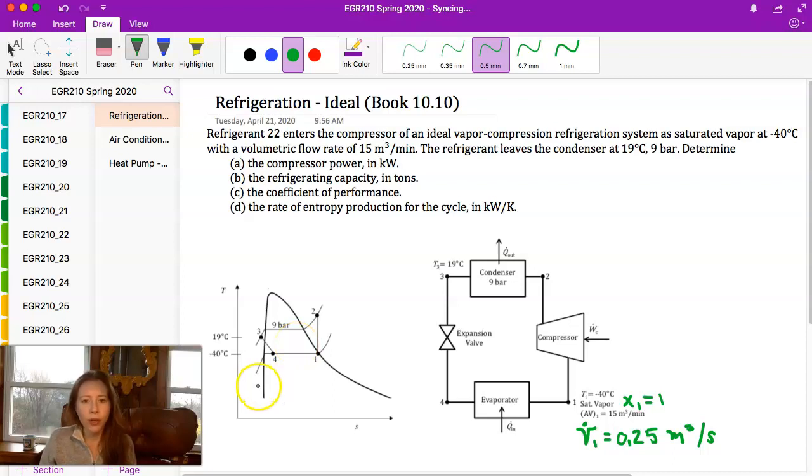What we're going to do here is go through quickly and look at our properties at each state. I'm just going to start writing it in here, and this time I'm not going to run through every single step of looking up in the table and interpolating.